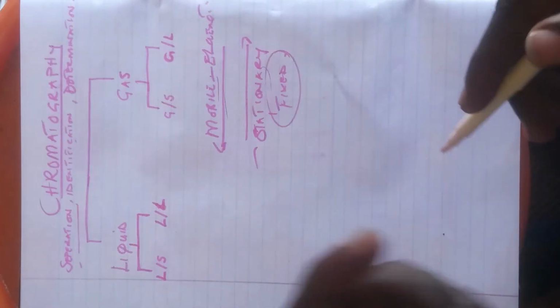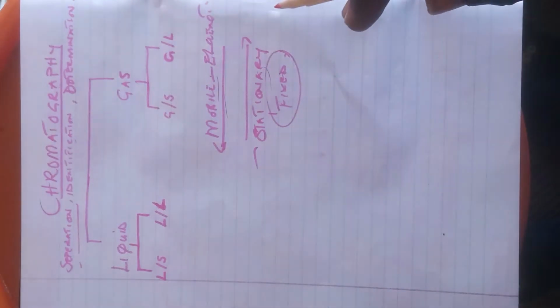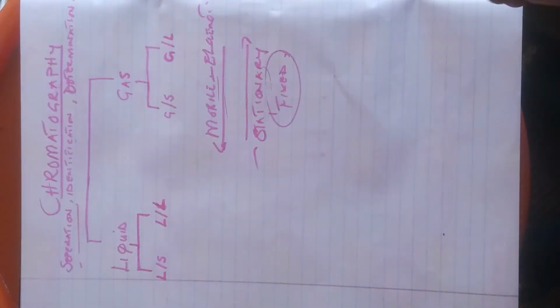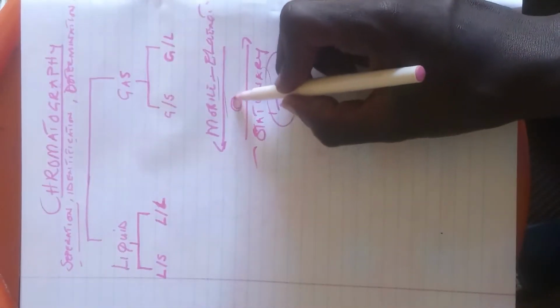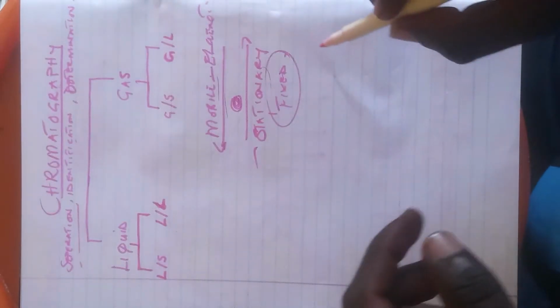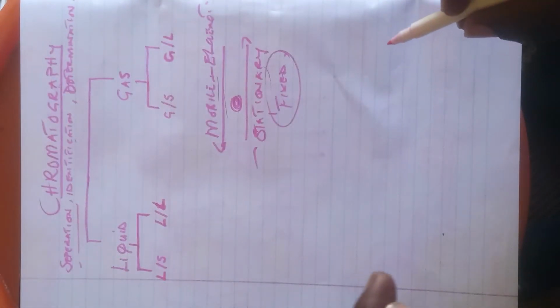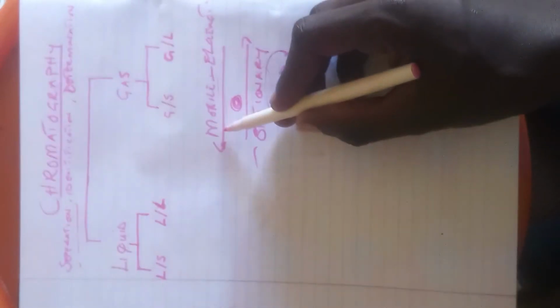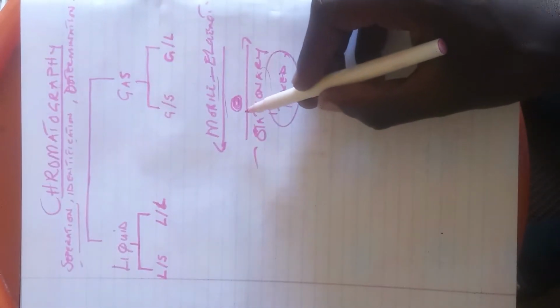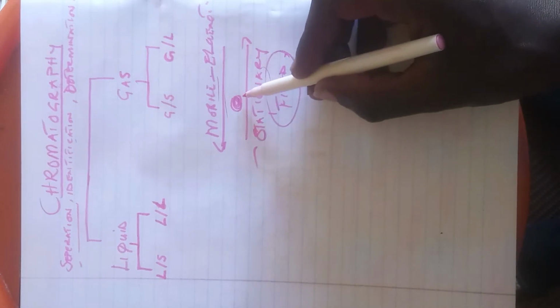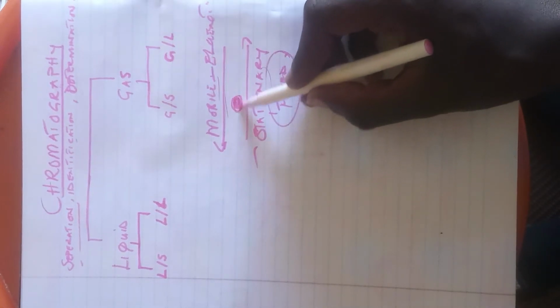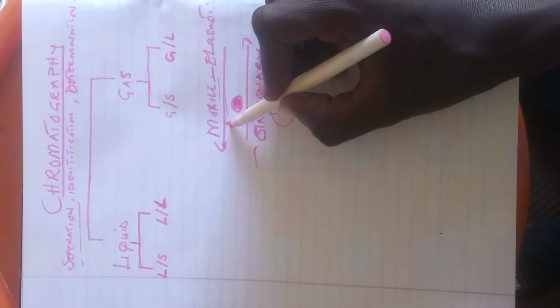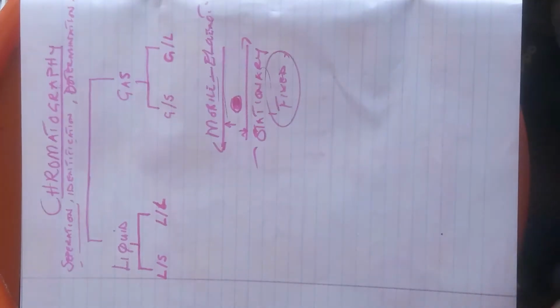So the mobile phase and the stationary phase are key figures here. Why do I say so? It is because separations in chromatography are based on the interactions of the mixture with the mobile phase and the stationary phase.